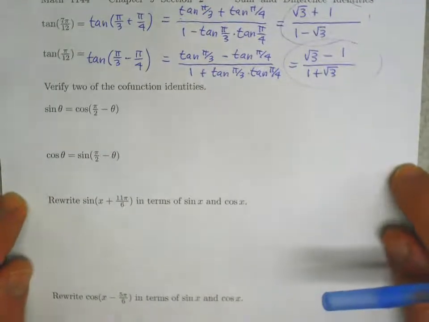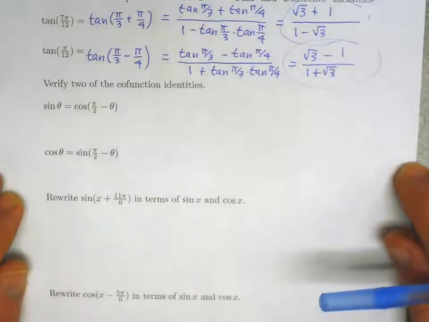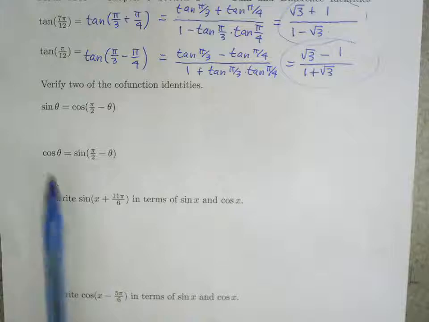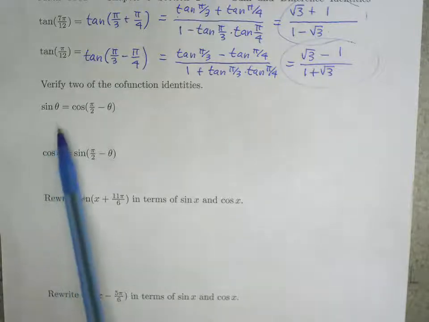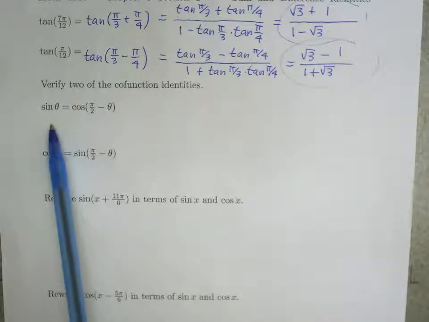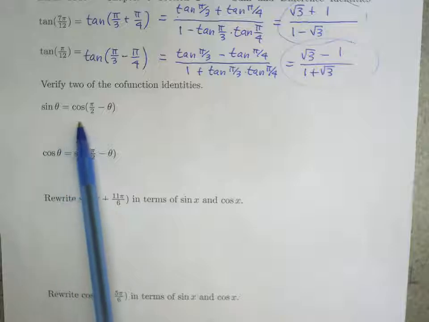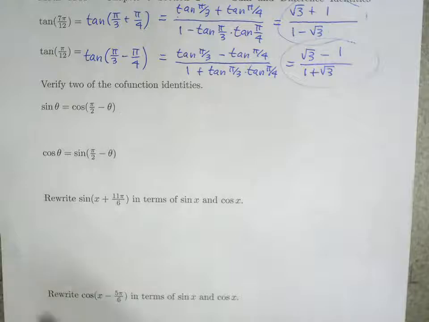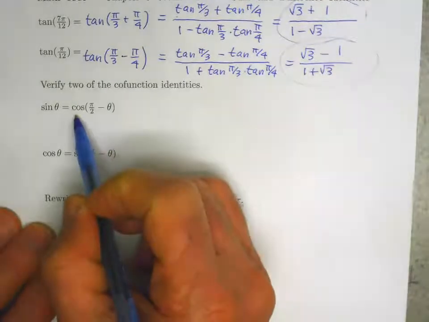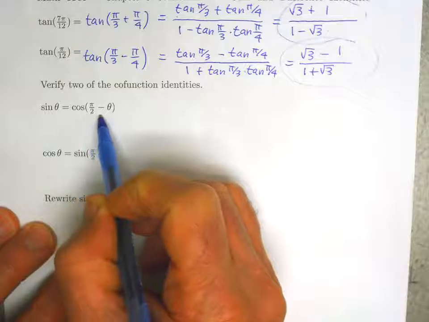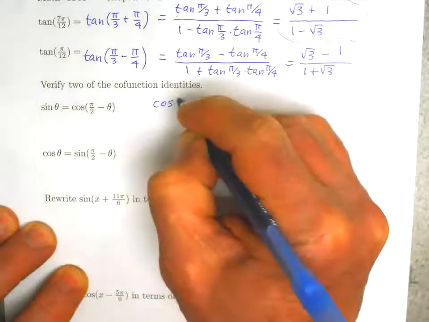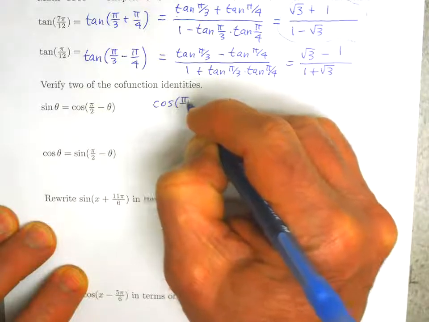Okay, we'll verify two of the cofunction identities. So we've seen a couple of times that sine of theta is equal to cosine of pi over 2 minus theta. So we'll evaluate cosine of pi over 2 minus theta using the cosine difference formula.